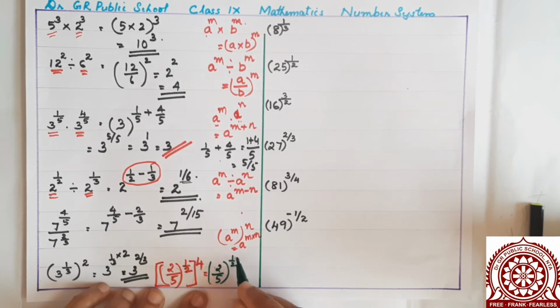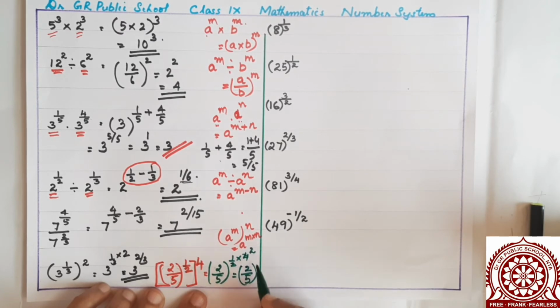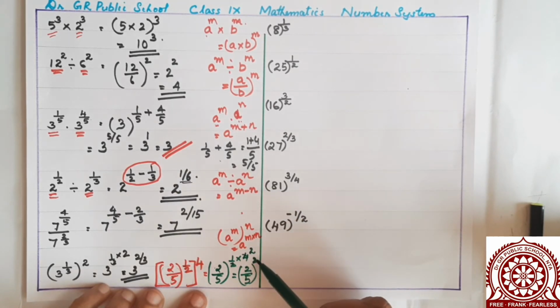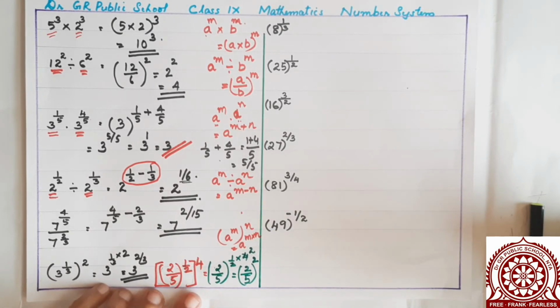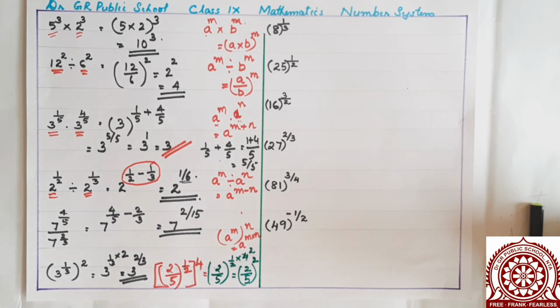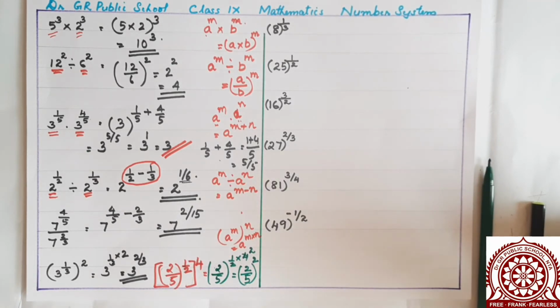So 1 by 2 multiplied by 4. We can do the cancellation here, 4 and 2 both are divisible by 2. So the power is 2. So what is the answer? 2 by 5, the whole raised to 2. Okay, children? If you want, you can simplify. 2 raised to 2 is 4 and 5 raised to 2 is 25. So you can write it as 4 by 25. Now, come to another type of question.